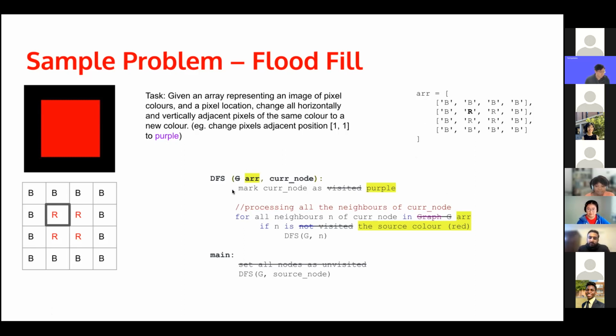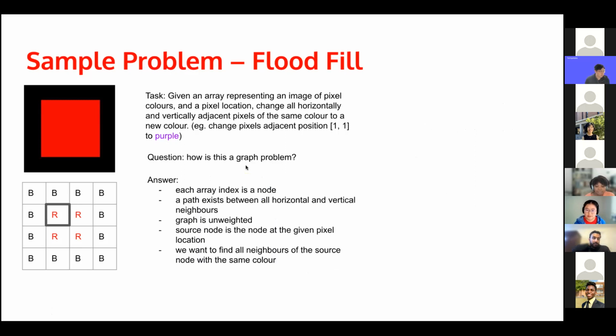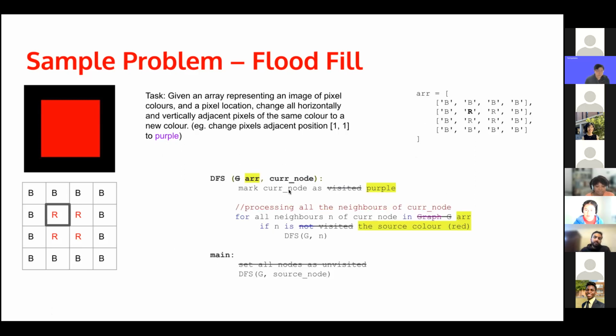And instead of something being visited or not visited, what I care about is the color. So if I've already updated a node's color, I'll change it to purple. And that's how I know it's been done and I don't need to do it again. And then when I visit something, if it's still the source color, if it's still red, that's when I know I would have to recurse to it.